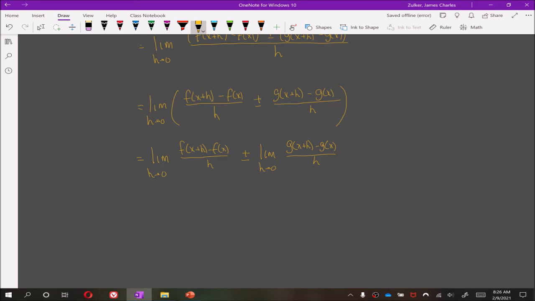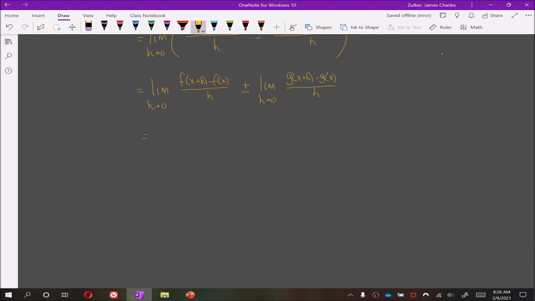Now, this first limit is simply f prime of x because f is differentiable. And that second limit is simply g prime of x because g is differentiable. So this is known as the sum difference rule. So let f of x and g of x be differentiable functions.